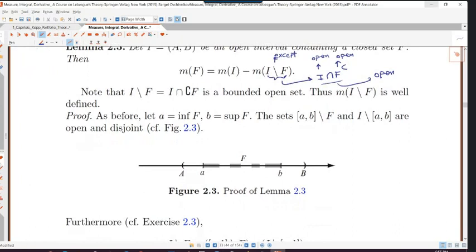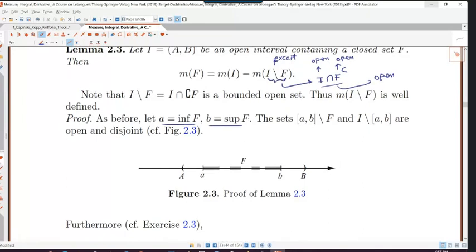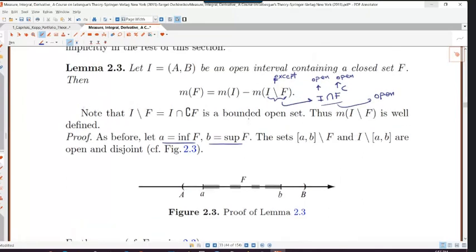As before, let A be the infimum of F and B be the supremum of F. Then the sets (A, B) minus F and I minus [A, B] are open. They are open and disjoint.